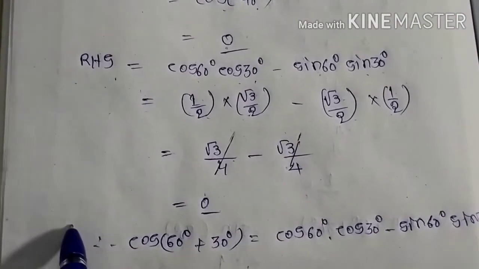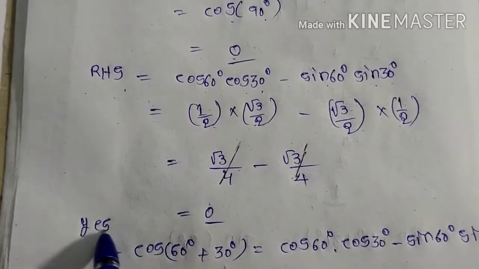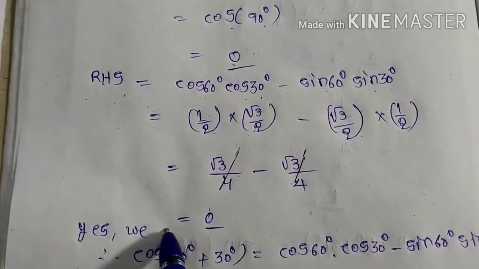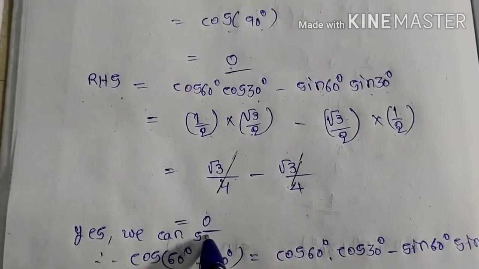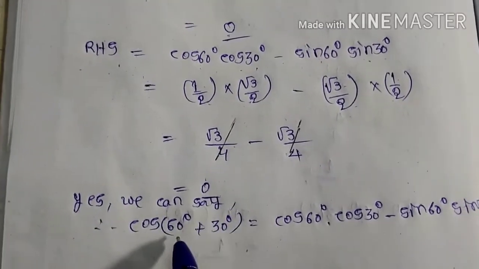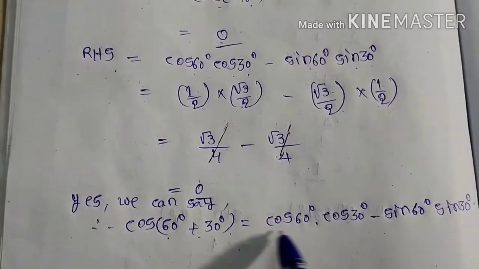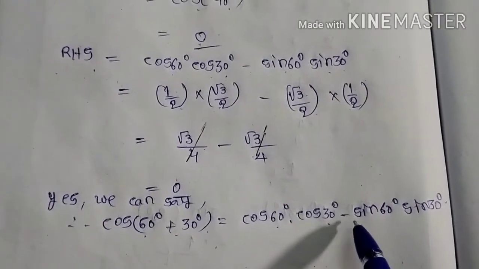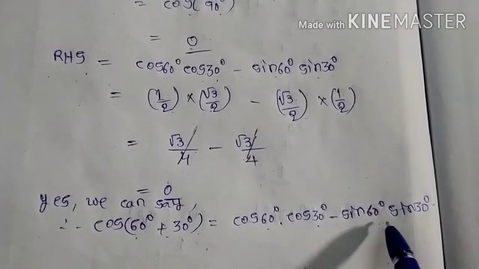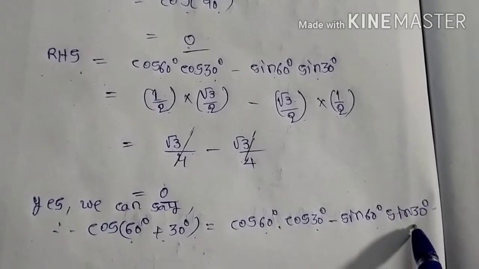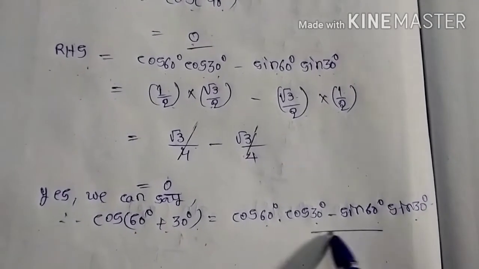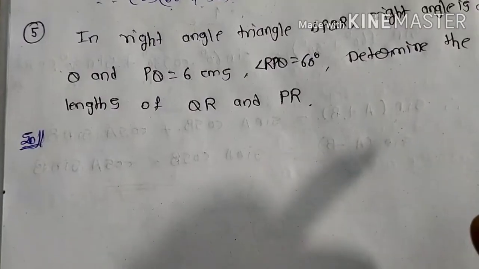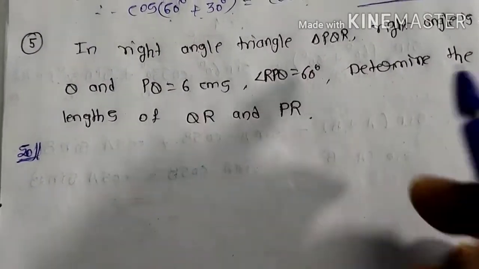You can write here, yes, we can say cos 60 plus 30 is equal to cos 60 into cos 30 minus sin 60 into sin 30. This is your solution.